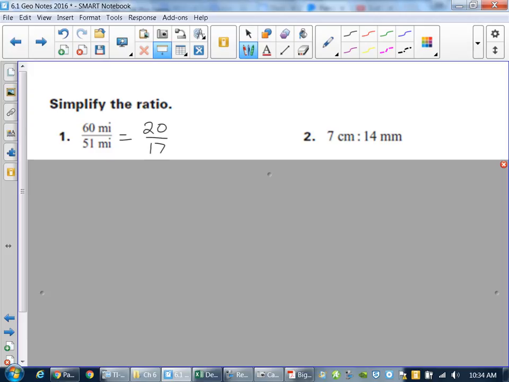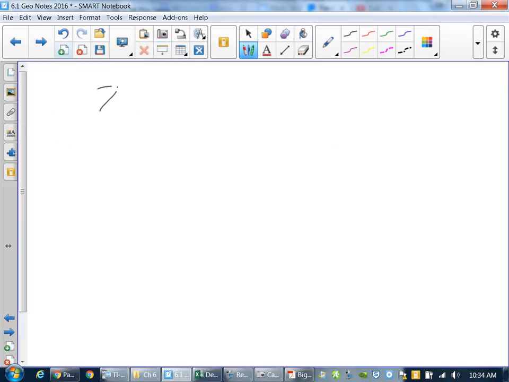So, let's get back to this here. What you have to be able to do, guys, is just convert units. In order to compare them, was it 7 centimeters and then 14 millimeters? Yeah. Okay. My suggestion, whenever you have two different units of measure, always work to the smaller unit, because you have less math to deal with.